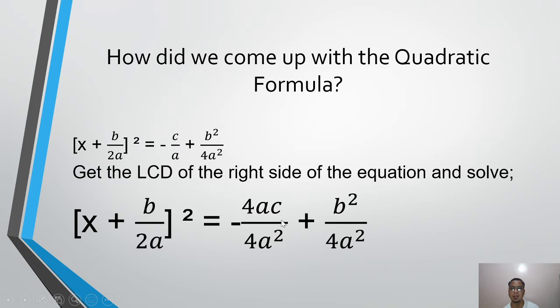Paano nakuha itong nasa itaas? I-divide dito. So 4a squared divided by a is 4a times c, 4ac. Sa kabila, 4a squared divided by 4a squared is 1 times b squared. Doon nakuha yung b squared natin.